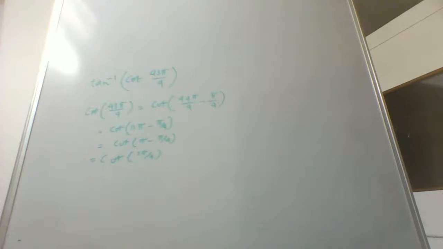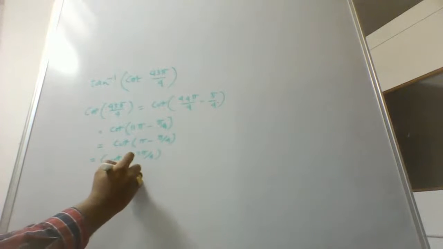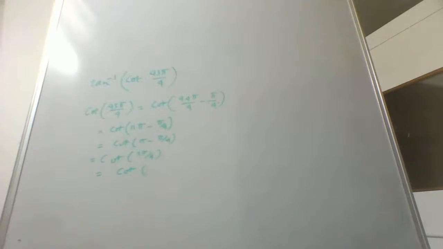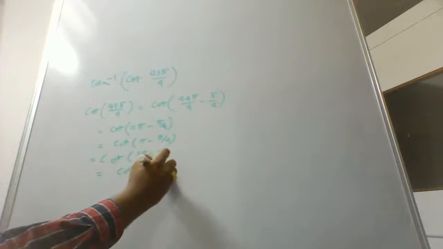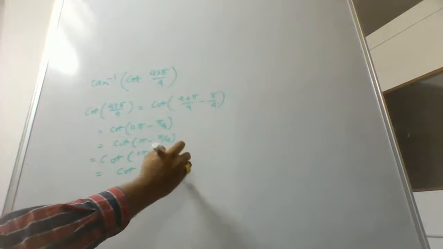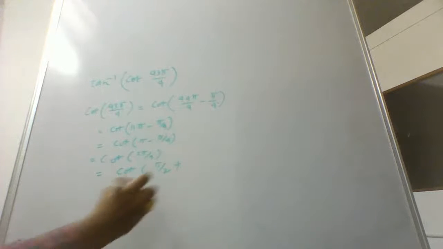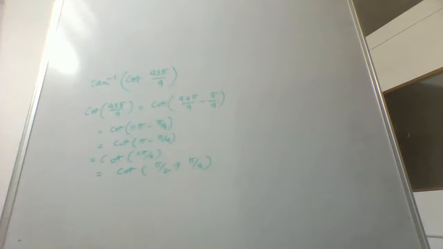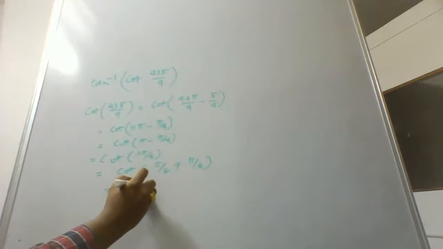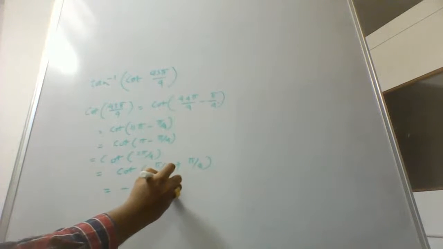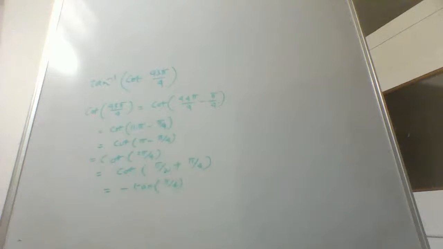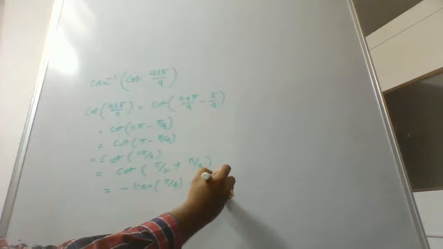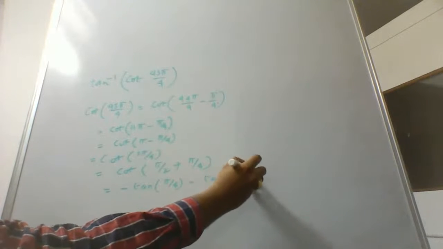If I further write this as cot of pi by 2 plus pi by 4, this is equal to minus tan pi by 4, or we can write as tan of minus pi by 4.